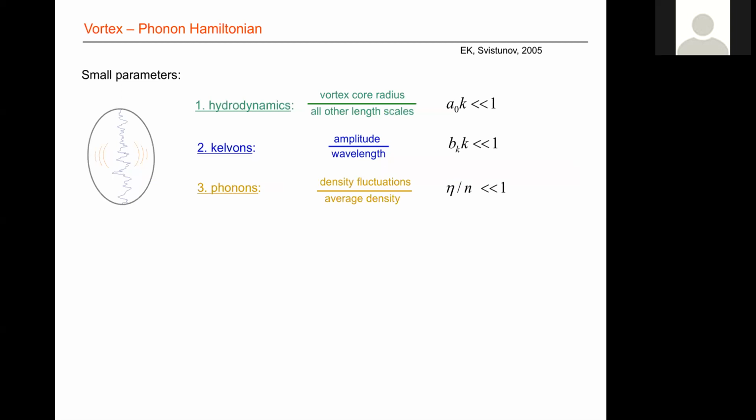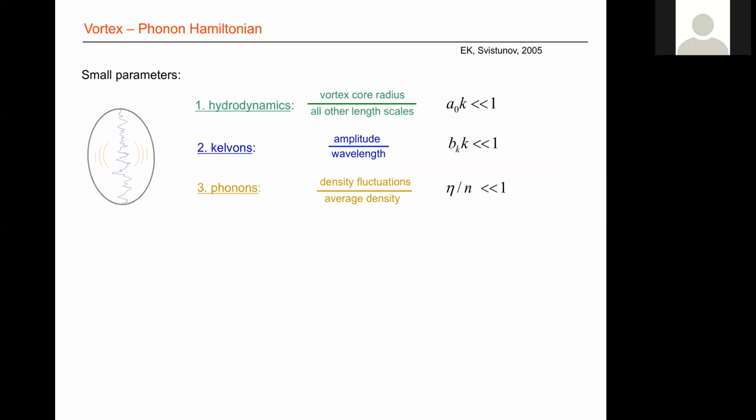We've already used this in Kelvin wave theory, and at those wavelengths where the radiation of sound is important, this small parameter is there. Also, we can introduce phonons if you assume small density fluctuations.